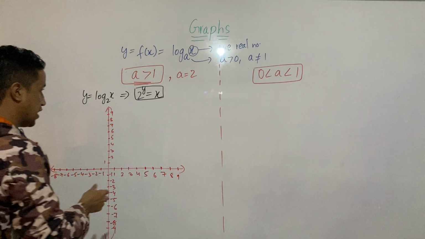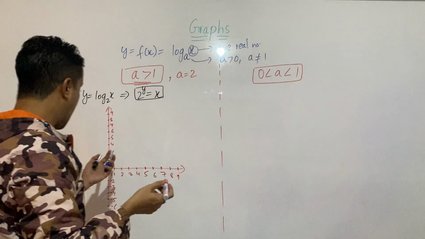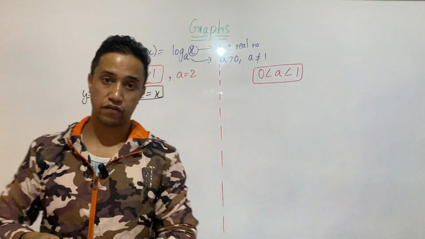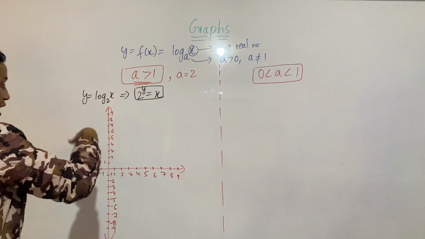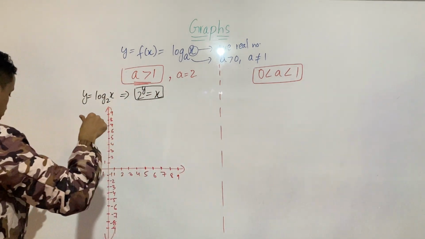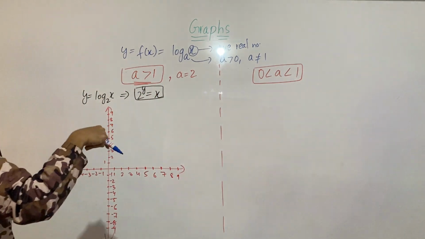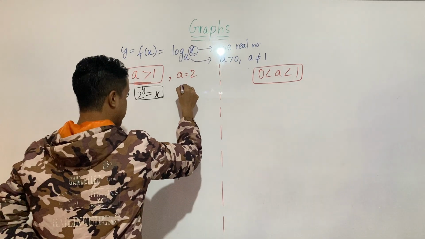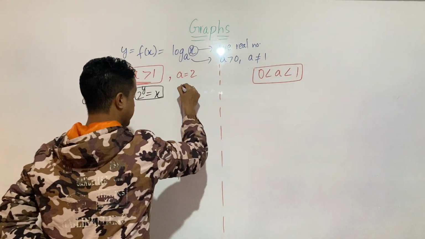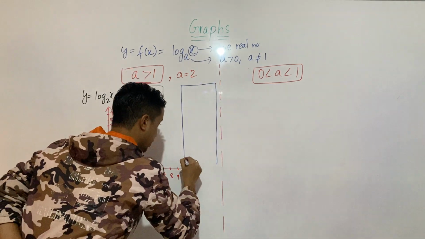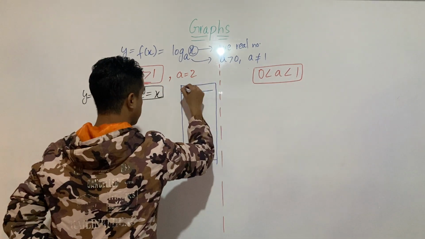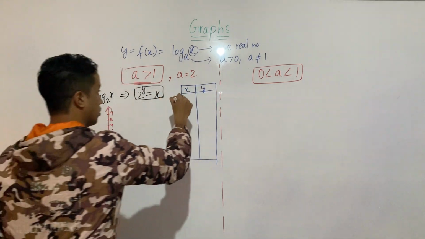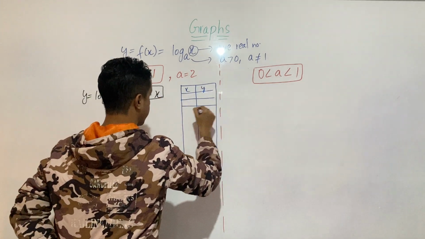Okay, how are we going to sketch the graph? We are going to get different values of x and y, and then we will find those values on the graph, and then we're going to trace the curve. Okay, so here is my ordinate table, x, here y. Here I can take different values.